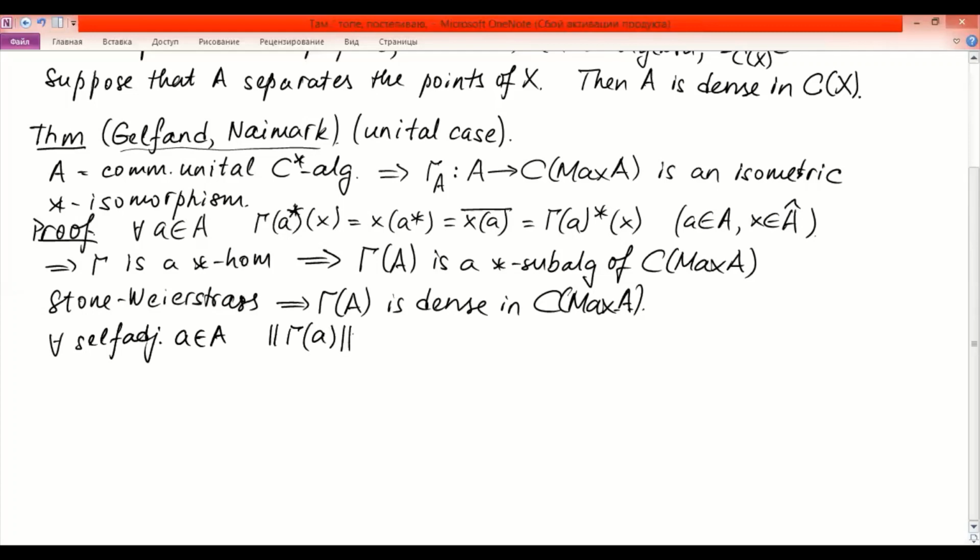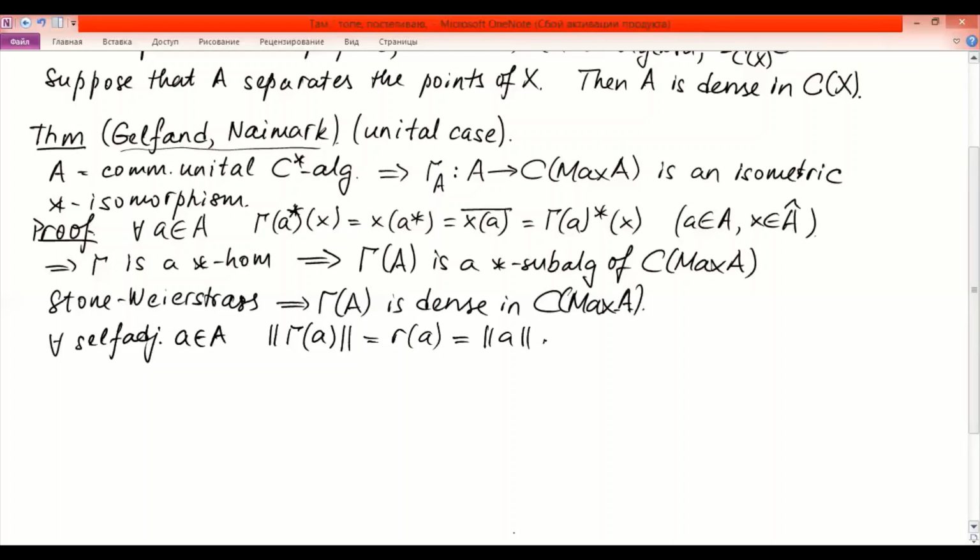Actually, it is not essential here that gamma of a is self-adjoint, because we know that for each element a, the norm of gamma of a equals the spectral radius of a. This is one of the basic properties of the Gelfand transform. But since a is self-adjoint, the spectral radius of a equals the norm of a. And so we see that gamma is isometric on self-adjoint elements.